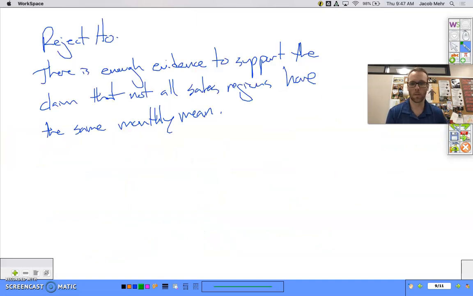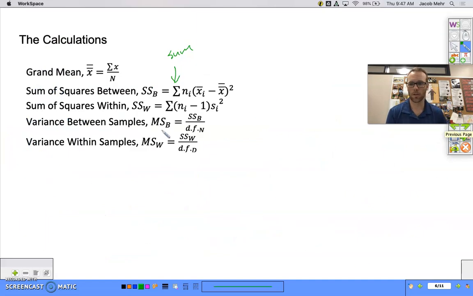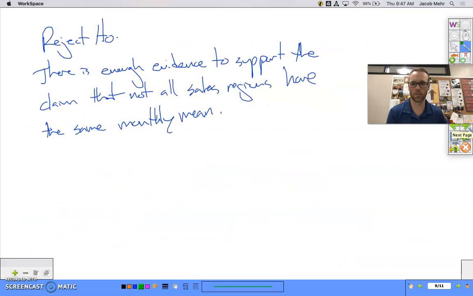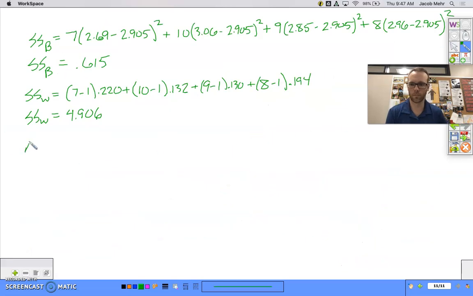So again, our next calculation, mean squares between, is the sum of the squares between over degrees of freedom of the numerator. Sum of the squares between 0.615 over the degrees of freedom of the numerator, which was 3, and we get 0.205. Guess I didn't really need my calculator for that one.